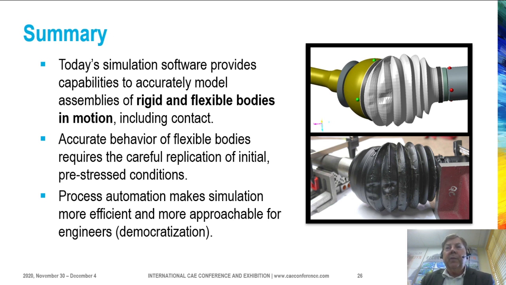For engineers who might want to do this, you don't have to be quite as specialized an analyst to be able to do these sophisticated things with the process automation. And so that's democratization to allow for a wider range of users, and also because the time to learn all the techniques is much reduced because the automation is also guiding the engineer through the proper process.